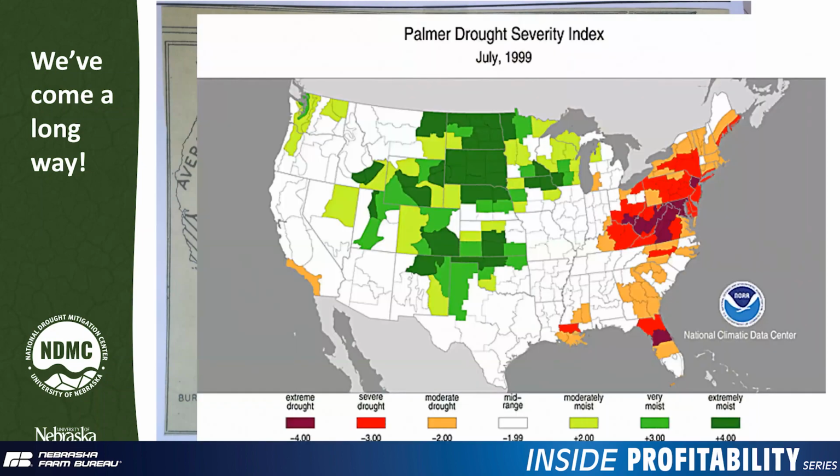Fast forward a few decades, still pretty coarse resolution products we were using to monitor drought. This was the main trigger map by USDA throughout the 60s, 70s, 80s, and into the 90s, and that was the Palmer Drought Severity Index. But notice the delineation of these large areas here, the Sandhills region.